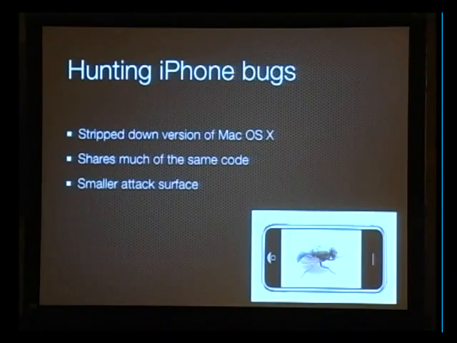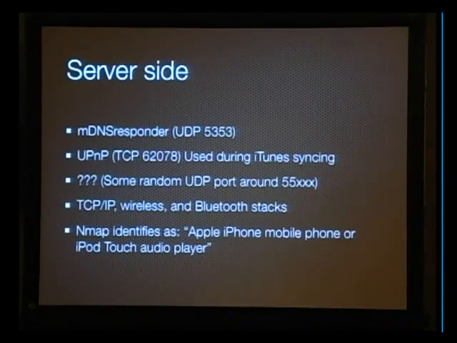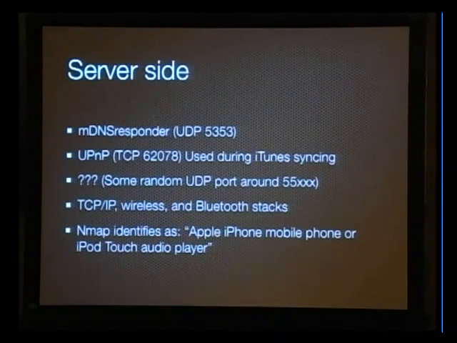bugs on the iPhone than it is on a Mac, for example. So what listens on the server side of the iPhone? Well, I already mentioned mDNS responder, and it's just like the desktop, so it's sitting on 5353. And as you might know, mDNSResponder is used to configure devices automatically without having to do anything.